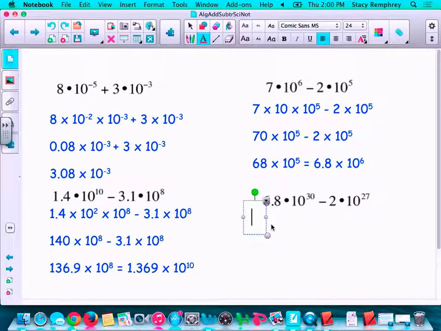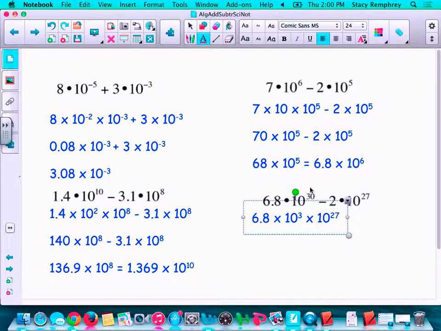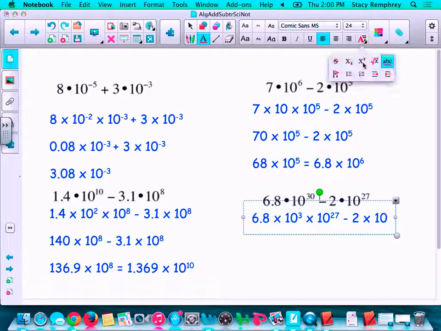Last one here. And again, when I'm regrouping my 10s, I'm always making sure that I still have, like this 6.8 times 10 to the 30th had 30 10s. So I need to make sure that 10 to the 3rd and 10 to the 27th, 3 plus 27 is still giving me 30. Everybody waiting for me, I'm almost done.